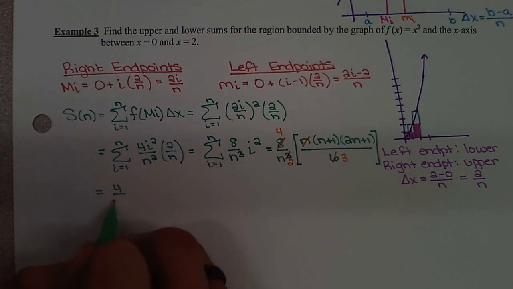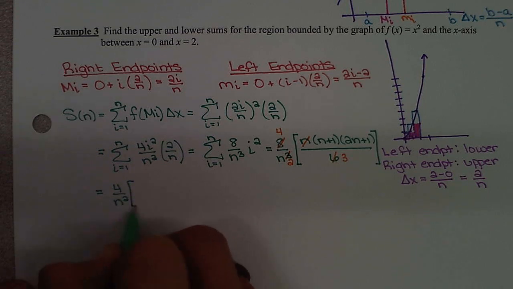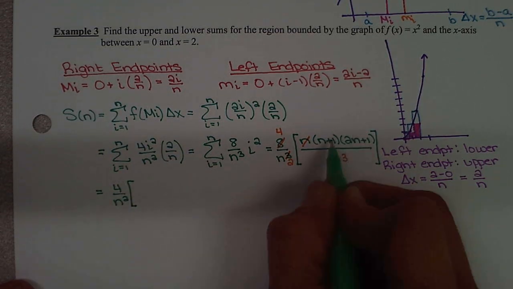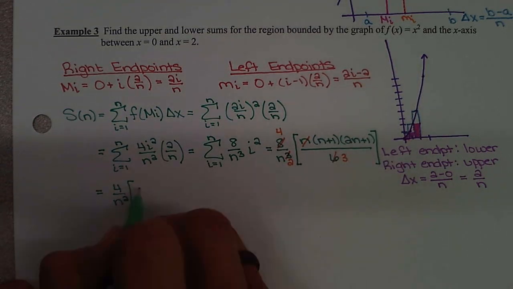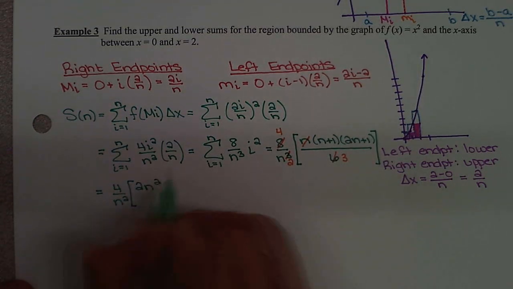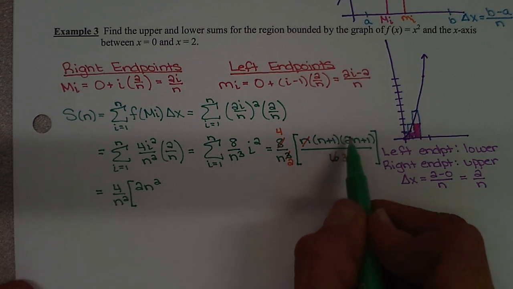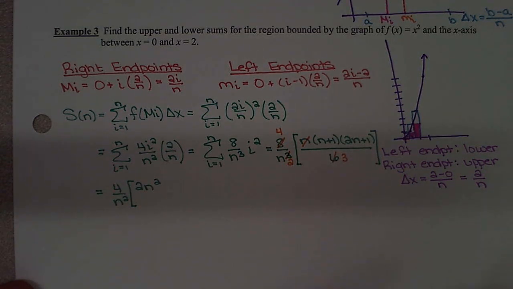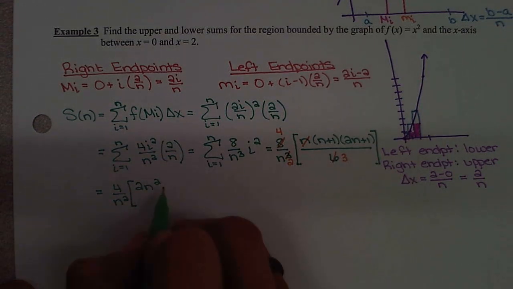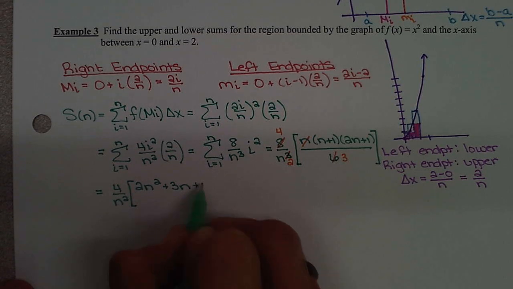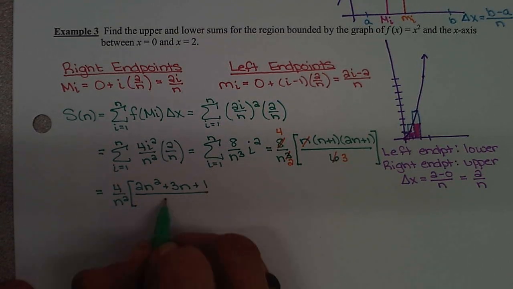So 4 over n squared. And then now inside here, if I start distributing these binomials, an n times a 2n is a 2n squared. Here an n times a 1 is an n. A 1 times a 2n is a 2n. And an n and a 2n together are going to make a 3n. And a 1 times a 1 is a 1. All over that 3.